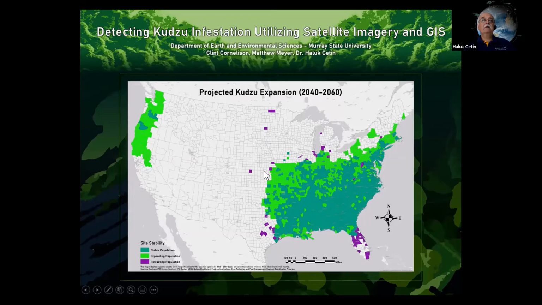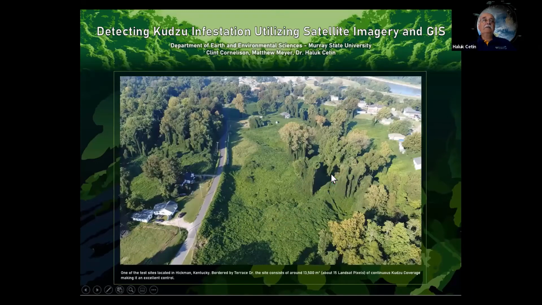And as you can see in the West, much more area will be covered by Kudzu. This is one of our test sites in Hickman County, one of the westernmost counties. In the background, this is Obion Creek meeting the Mississippi River.